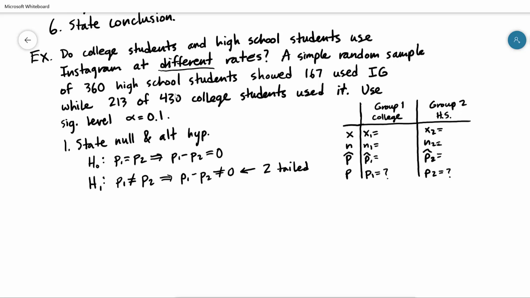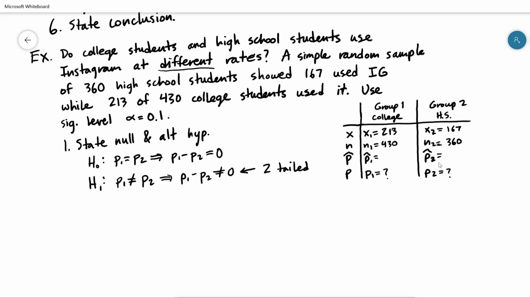These are the values that we do know that are given in the problem. So for college students, what number out of what number used Instagram? Well, it said it was 213. That's going to be my value of x out of my total sample size, which was 430. That's the proportion that use Instagram. And over here for the high school students, it was 167 out of 360.